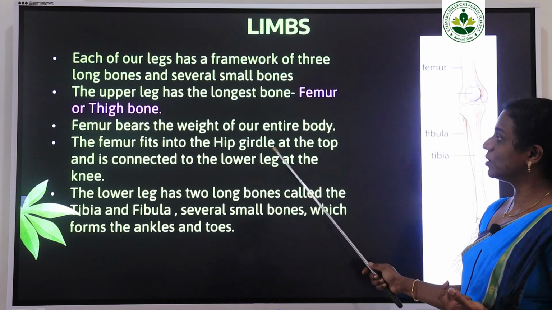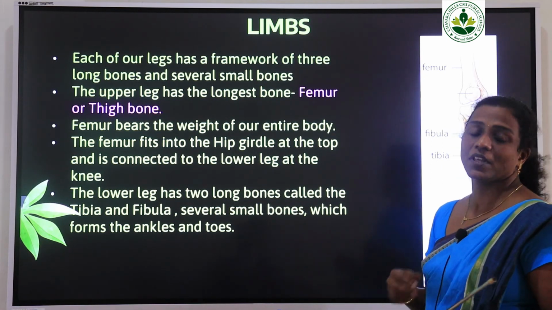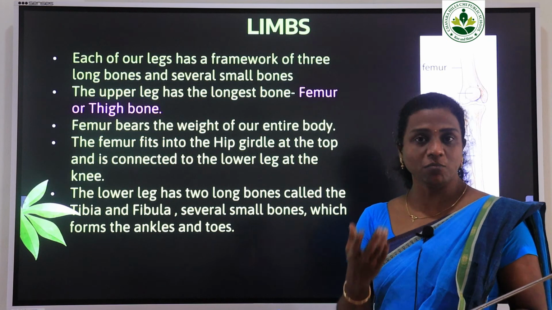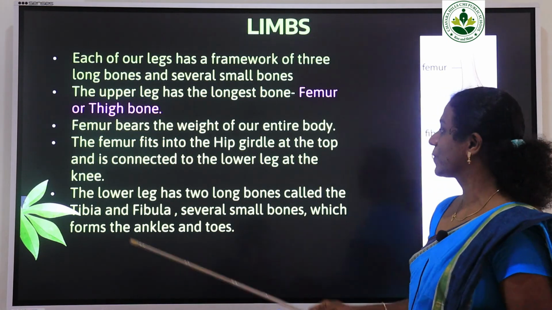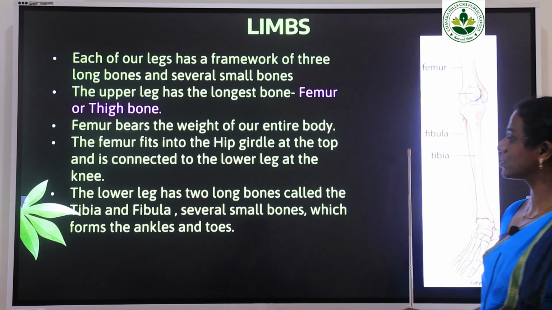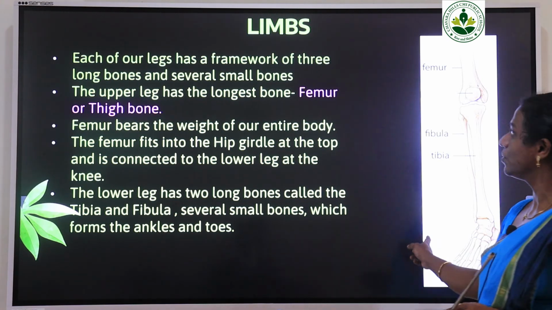The femur fits into the hip girdle at the top and is connected to the lower leg at the knee. The lower leg has 2 long bones called fibula and tibia, and the ankle and toes consist of very small bones.